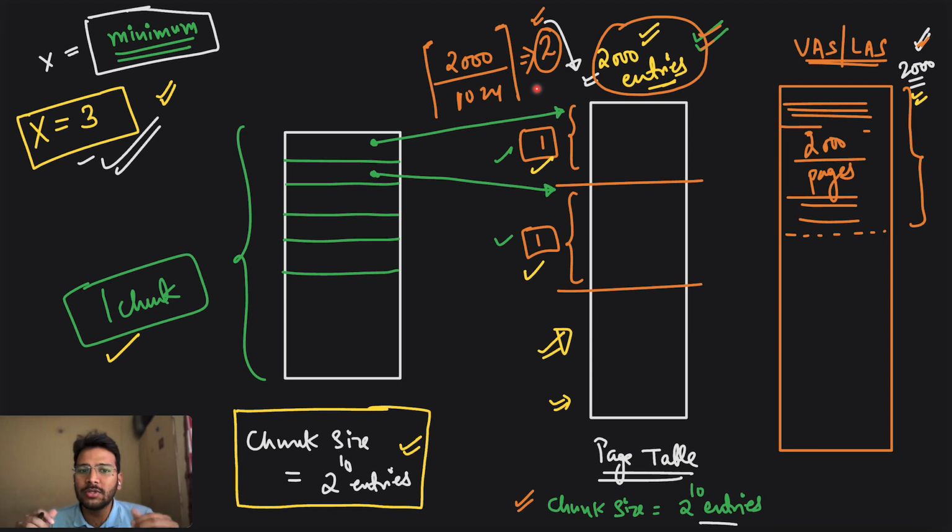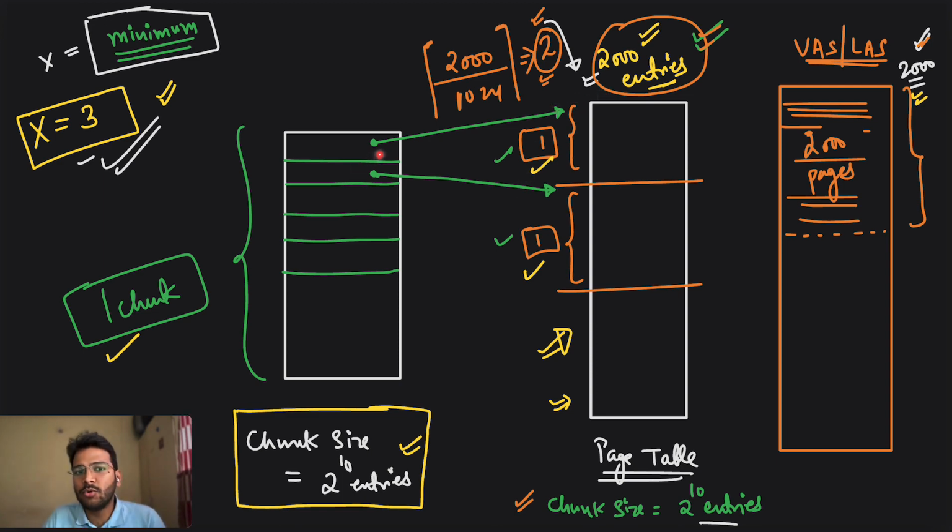If all has to be contiguous, then definitely 2000 total entries are there. Chunk size is 1024. So we have to find minimum chunks. If you divide it, you will be getting 2. You have to take the ceil, because you have to store all those 2000 entries. And you can store all those 2000 entries when you are using 2 chunks. In 1 chunk, you will be able to store just 1024, but we have to store all. So 2 chunks are required.